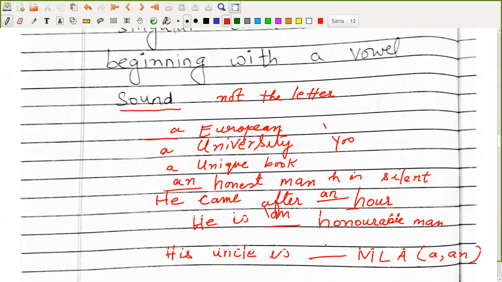AMLA. MLA. Pronunciation क्या है? Pronunciation consonant है. How are you pronouncing it? Emily. MLA. Pronunciation is beginning with a vowel. It is a vowel pronunciation. An MLA.